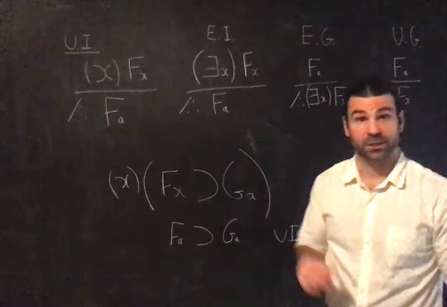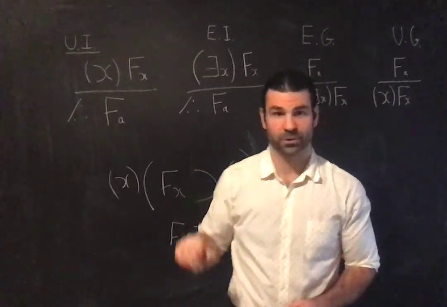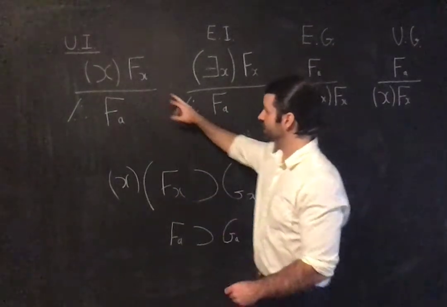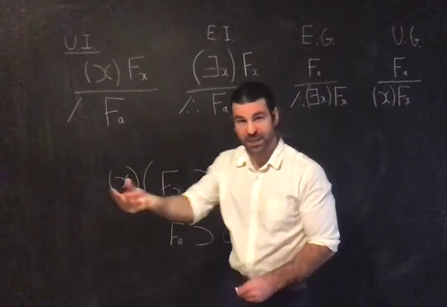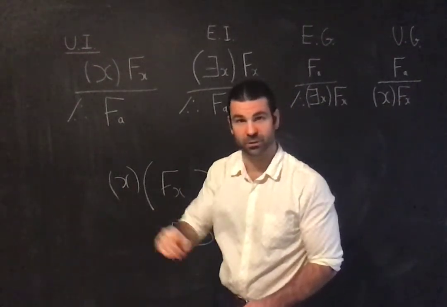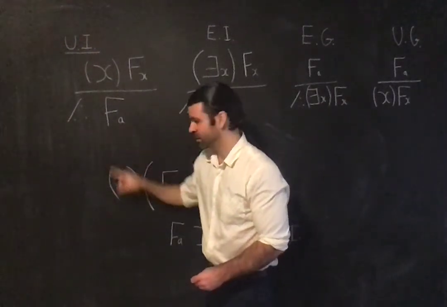But what is instantiating? It's going from the universal quantifier to its truth that this propositional function is true of this individual. So you're applying it to a named individual. Fa, remember when we started.